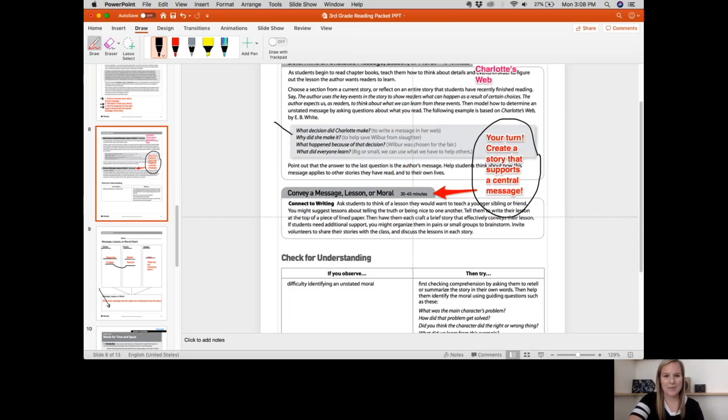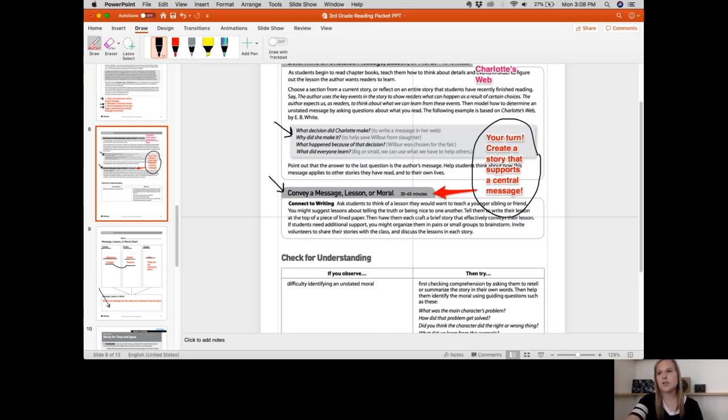Example of Charlotte's Web. When you think about what Charlotte learned, you can break apart the story. So that's what I want you to do, is I want you to think about what you want the reader to know.